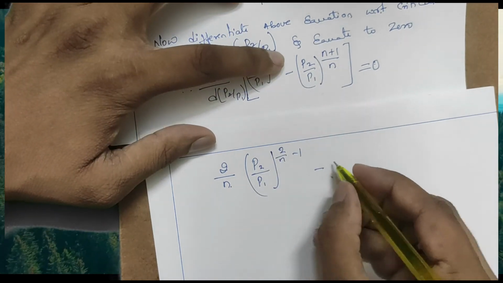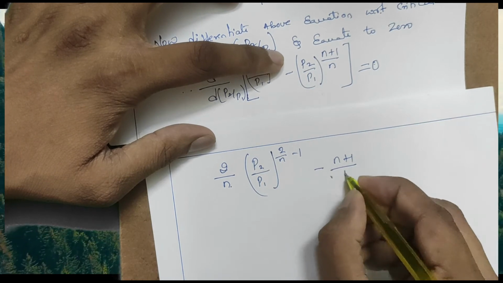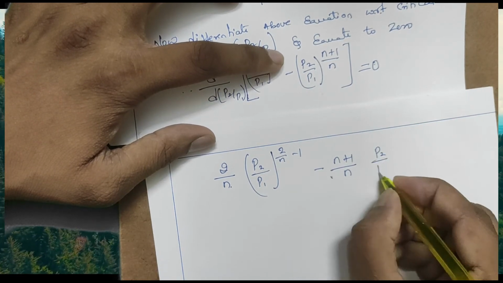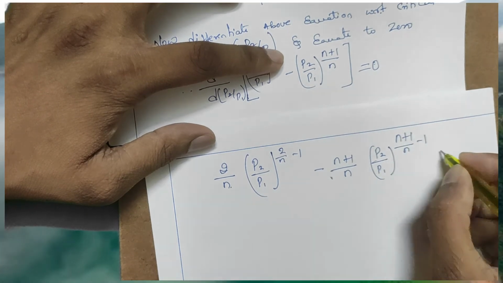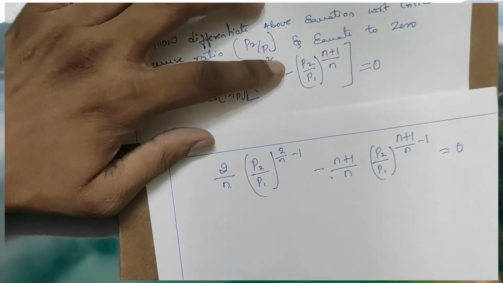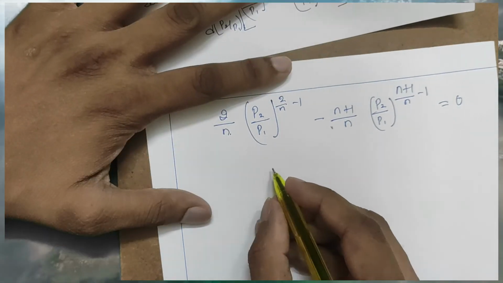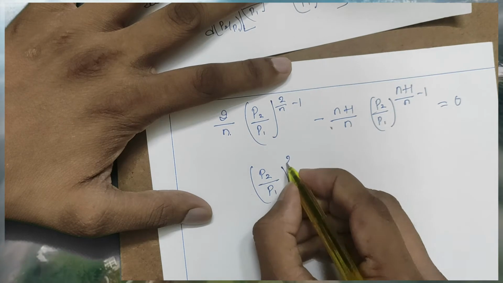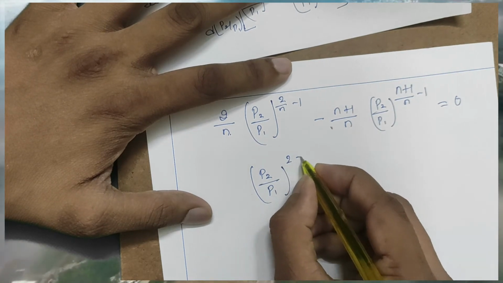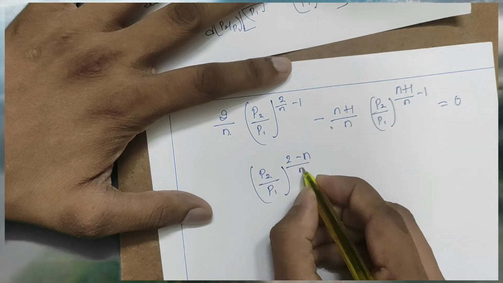Next is (n plus 1) by n into P2 by P1 power (n plus 1) by n minus 1, equal to 0. If you simplify it, you'll get P2 by P1 power minus n divided by n.